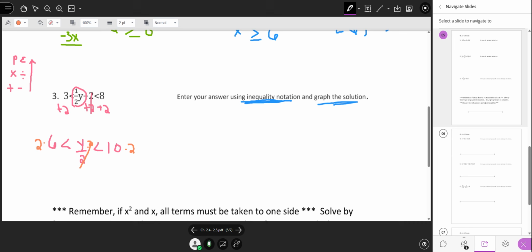Now, the nice part about this, it said inequality notation. As soon as I get that done, that is inequality notation.